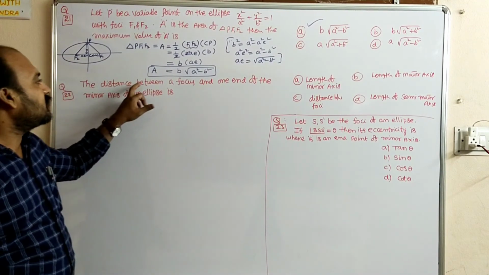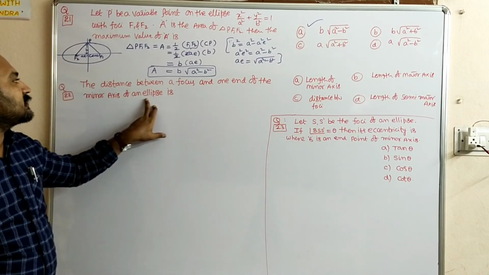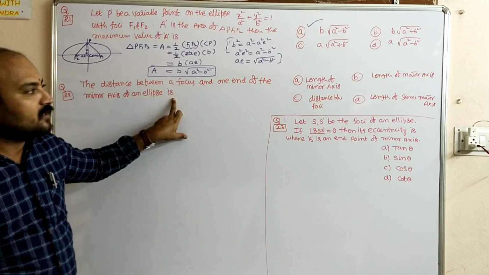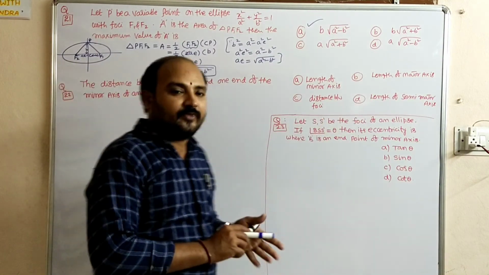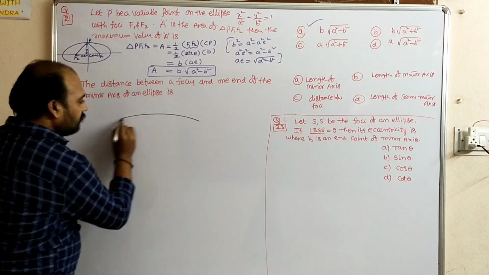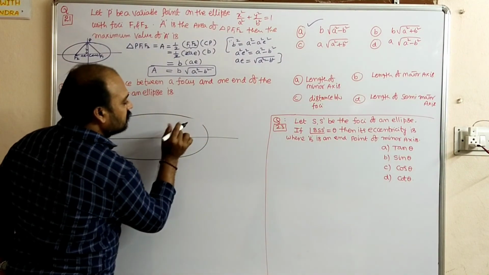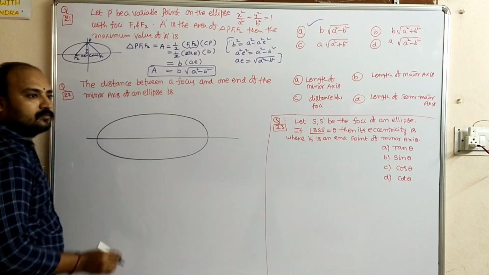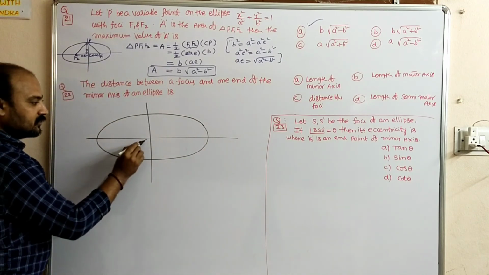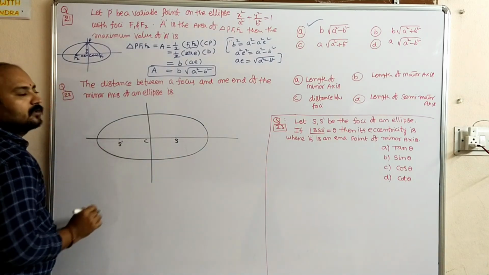The distance between a focus and one end of the minor axis of an ellipse is, and these are the four options. See, if you draw the figure, you will get the idea. This is the ellipse equation. Center, focus, another focus.